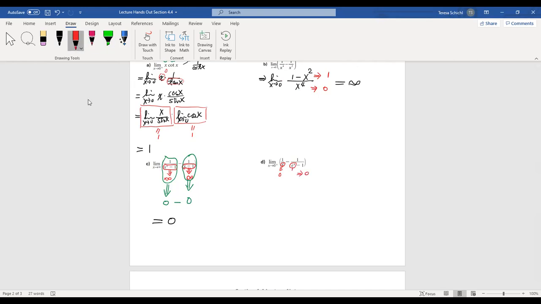Because 1 minus 1 approaches 0, both these terms approach infinity. So we will have infinity minus infinity. Is infinity minus infinity determinate or indeterminate? It is indeterminate.